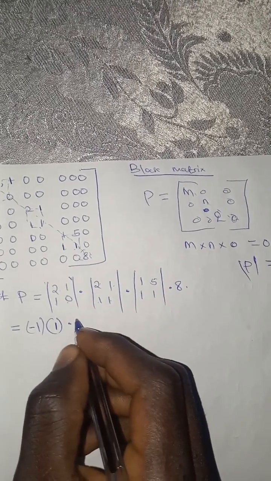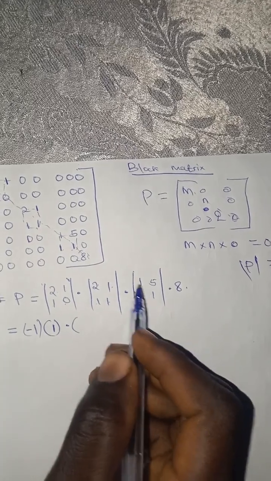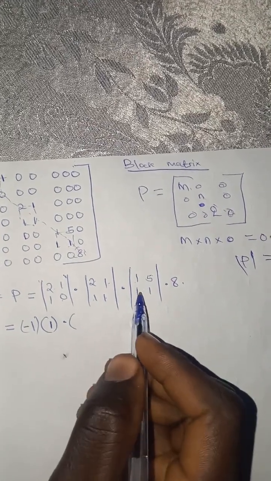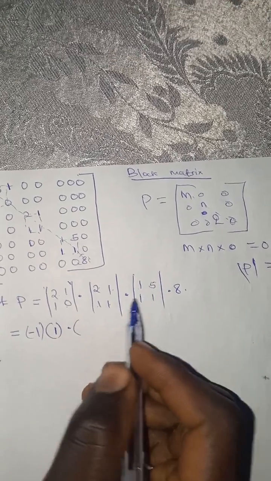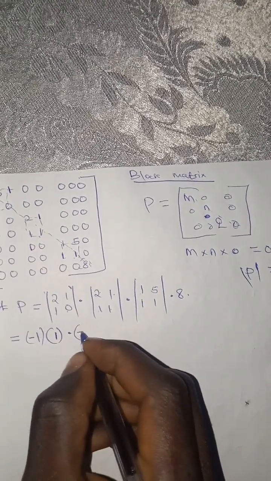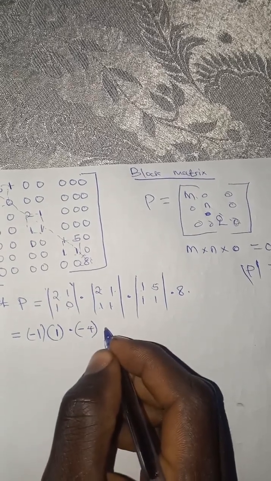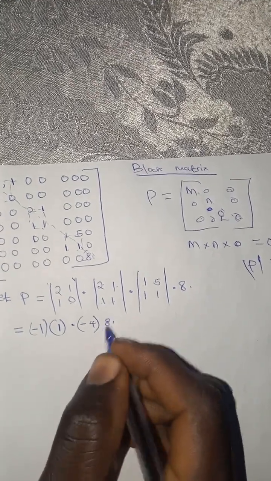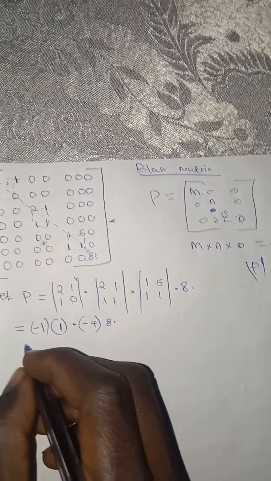Also, 1 multiplied by 1 is 1, 1 multiplied by 5 is 5, 1 minus 5 is negative 4, multiplied by 8, the determinant of 8 being 8.